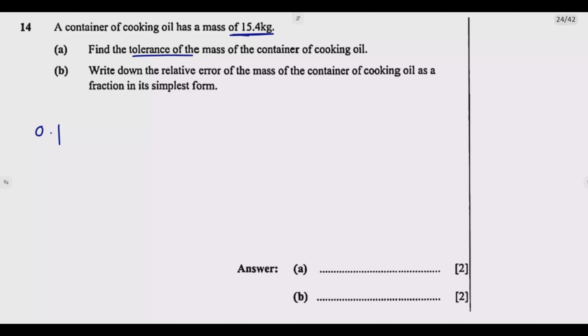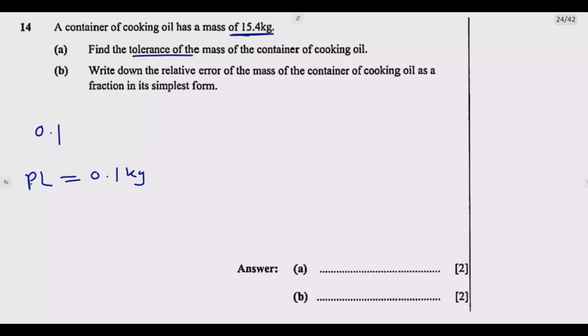Hence, we have a precision level of 0.1. This tells me that the precision level, I'll call it PL, is equal to 0.1 kg. So the tolerance of this measurement is equal to half this precision level.